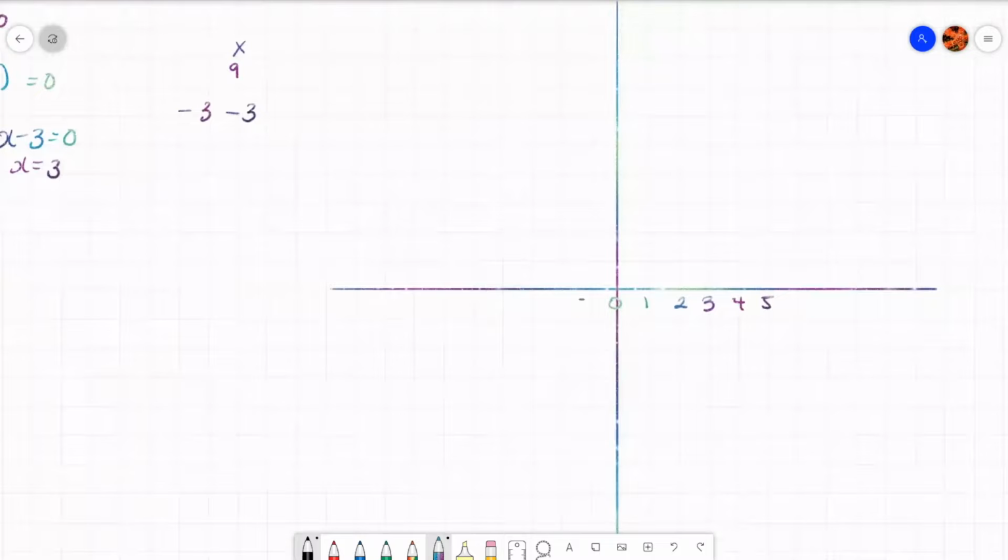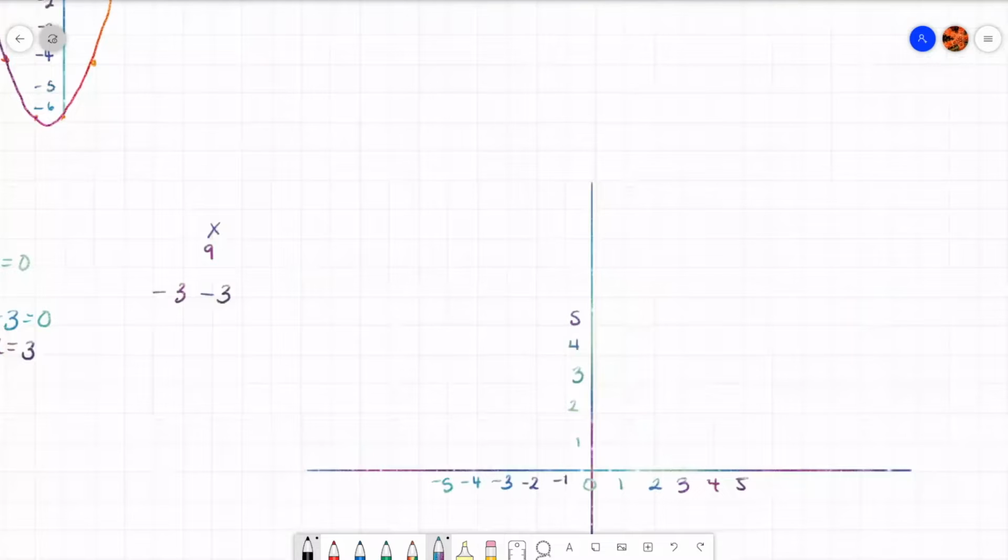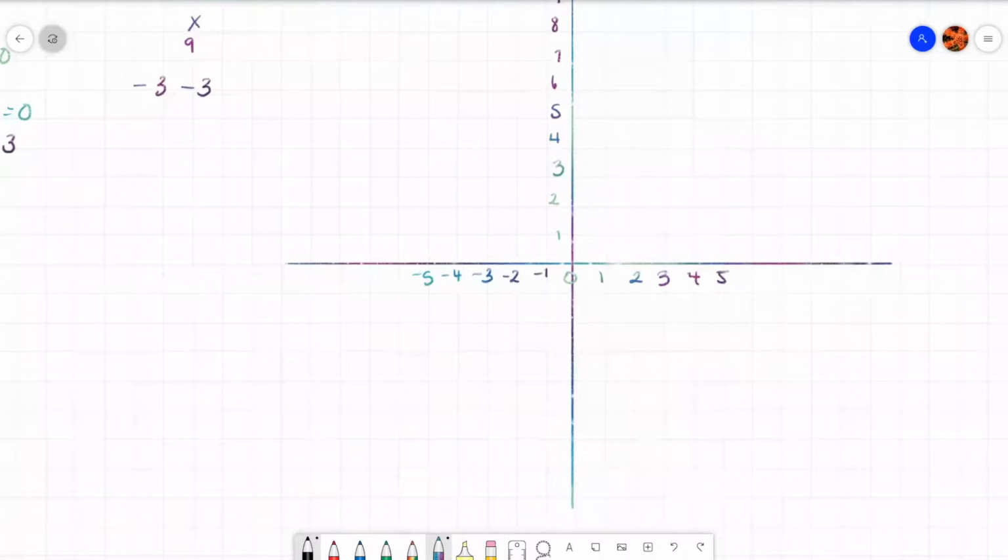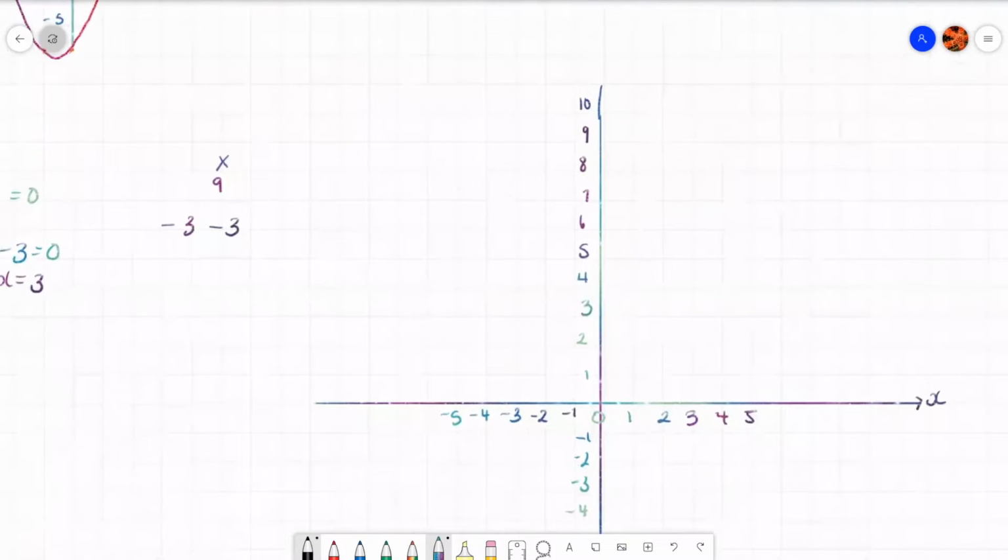Just going to have -1, -2, -3, -4, and -5. I'm going to do 1, 2, 3, 4, 5, 6, 7, 8, 9, and 10 for this one. I'm just going to do -1, -2, -3, -4, -5, -6, -7, and -8 for this one. Not going to forget to label my axes, x and y.